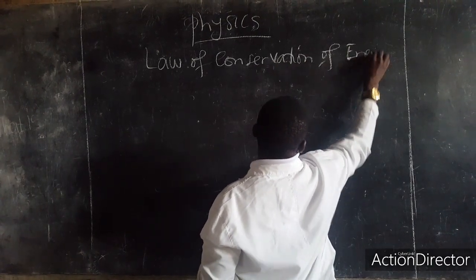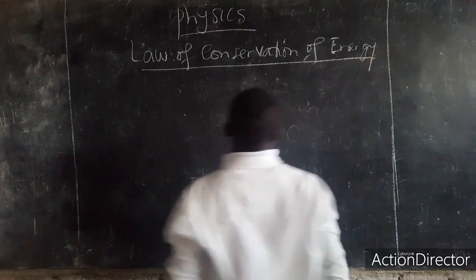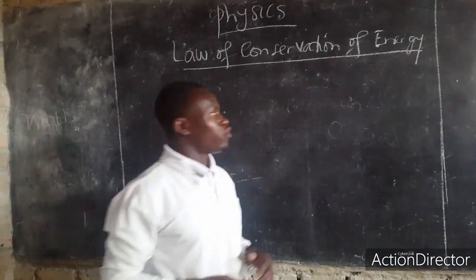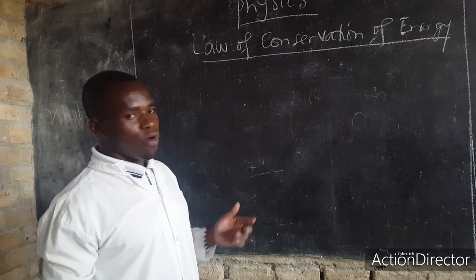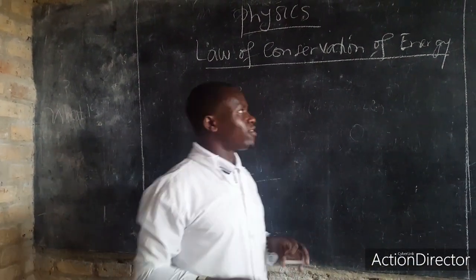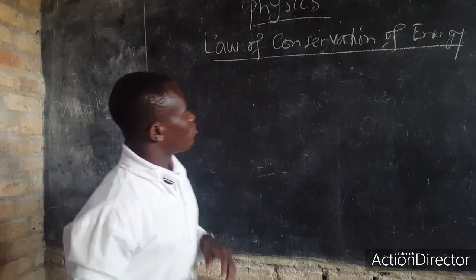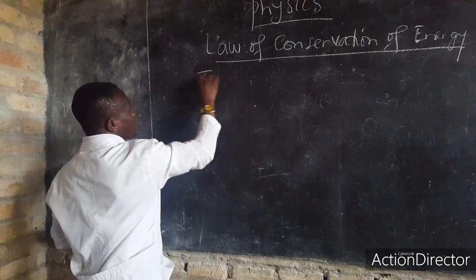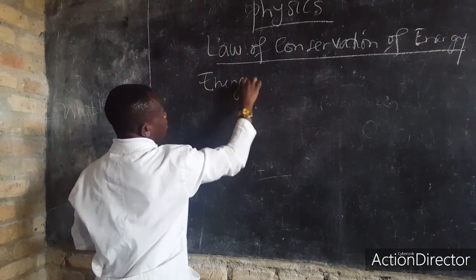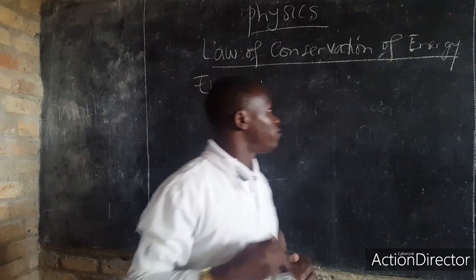Usually we should have learned what we call potential energy and kinetic energy in order to understand better our lesson of today. As usual, energy by its definition is defined as the ability of doing the work.